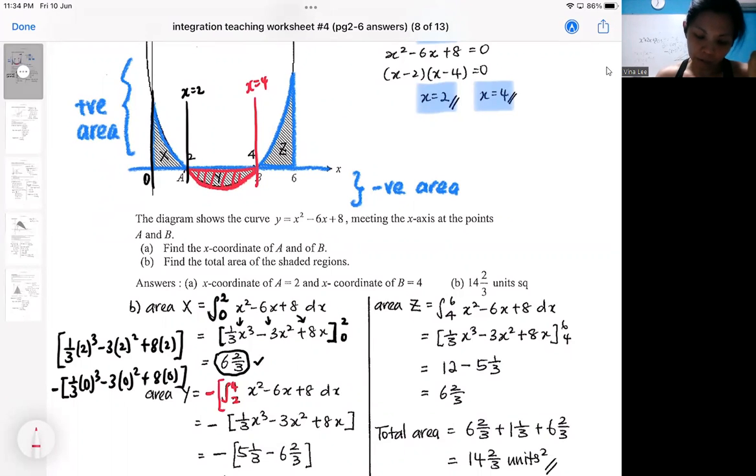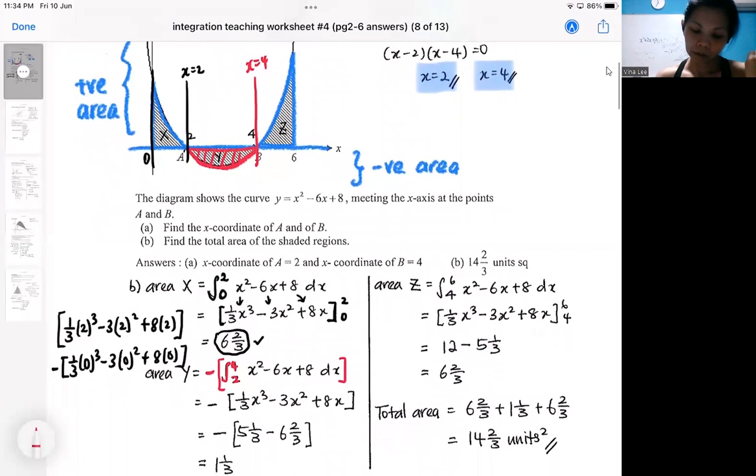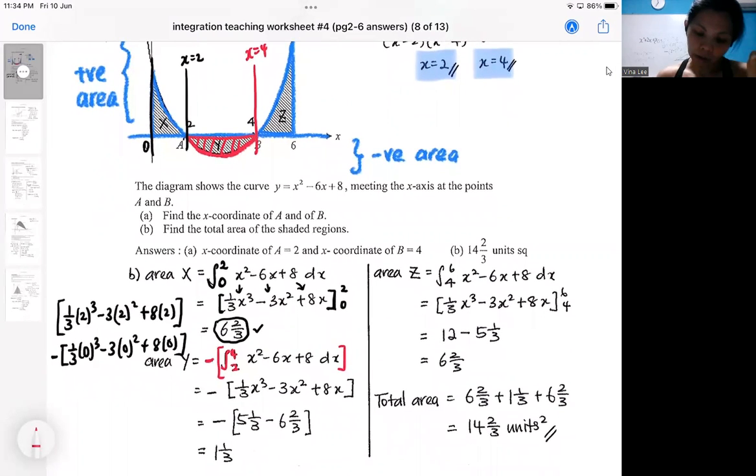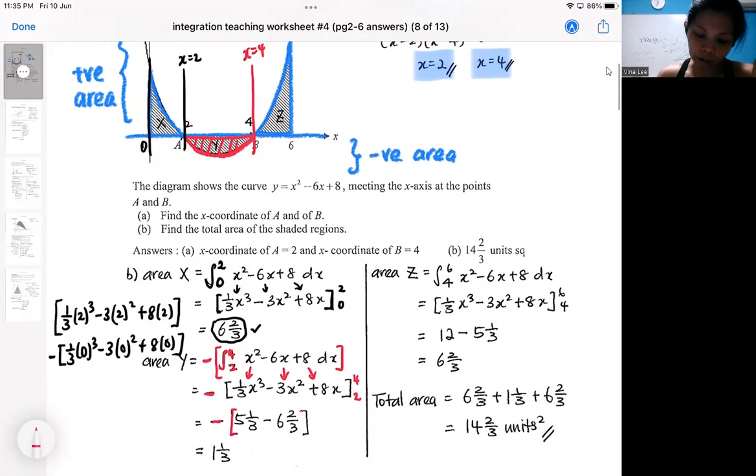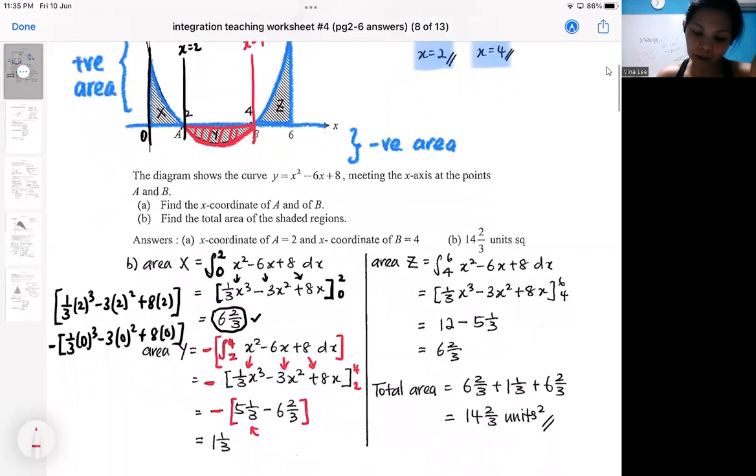It's better that you block it up, and then I integrate. I forgot to put the 4/2. By right, you should put in the 4/2. You ignore the negative and make sure you do the 4/2 first.